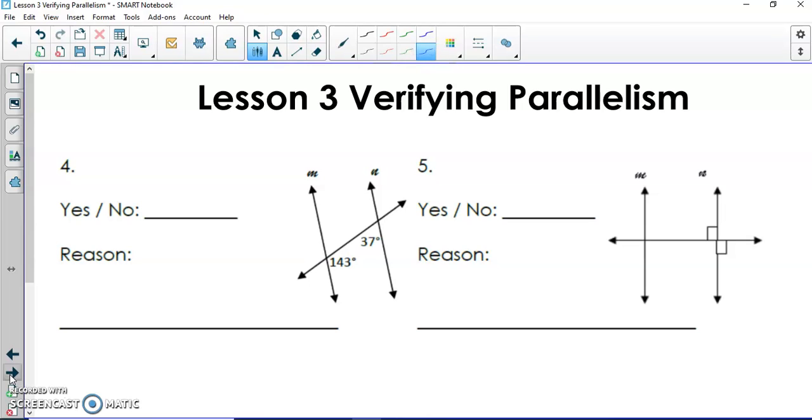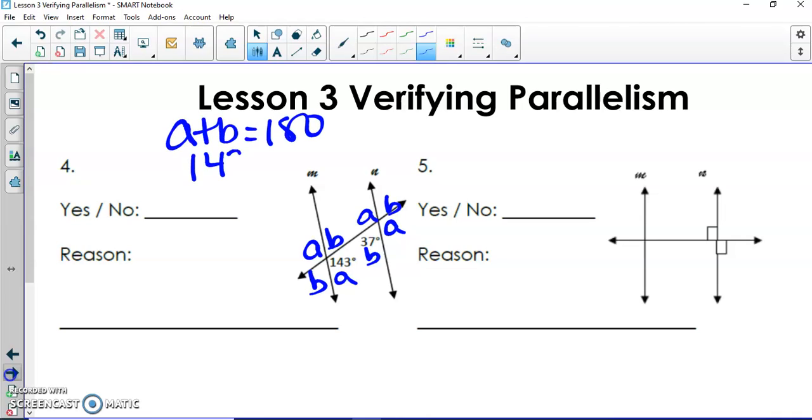In example 4, we're going to ask ourselves if we have parallel lines or not. So I have M and N. I have 1 on each of my lines. That's a good start. I'm going to label my A's and my B's. I have an A and a B. They should add up to 180. So I'm going to do 143 plus 37. That gives me 180 degrees. So that works.